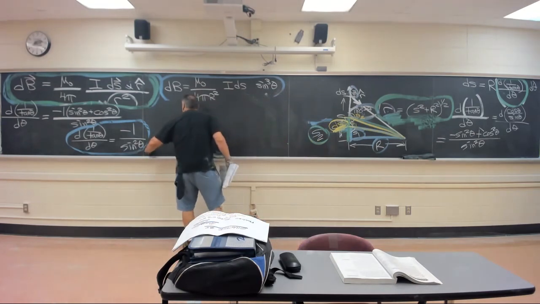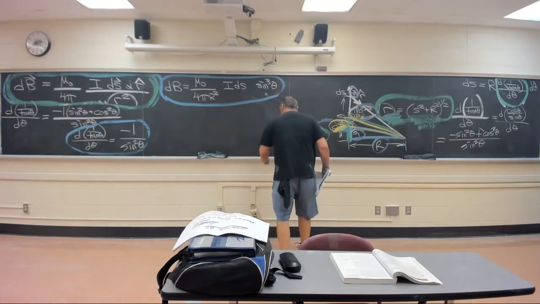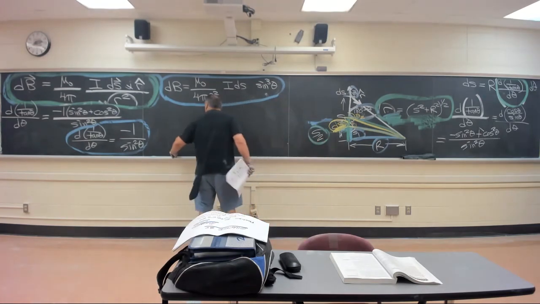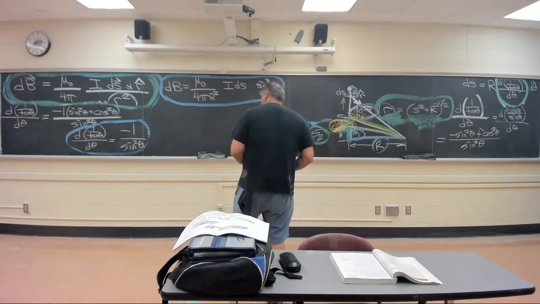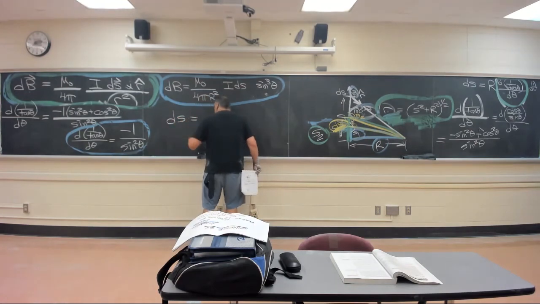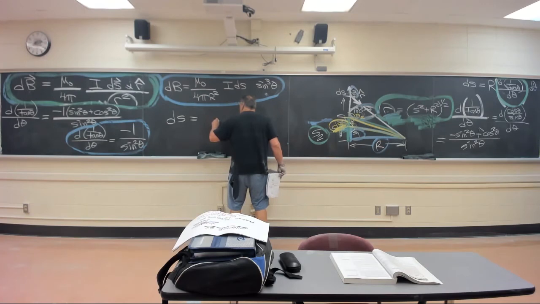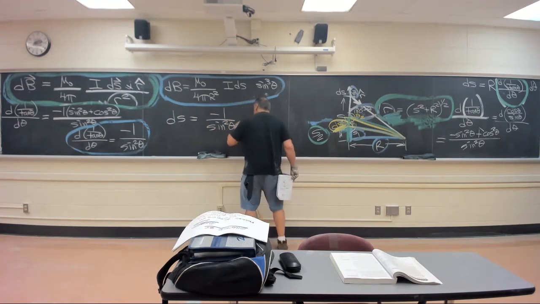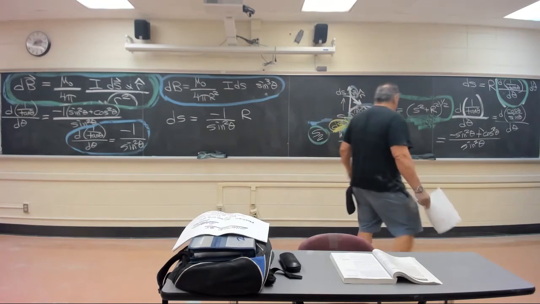Here goes. At the end of the day, what we got was ds is equal to negative 1 over sine squared theta times capital R d theta.